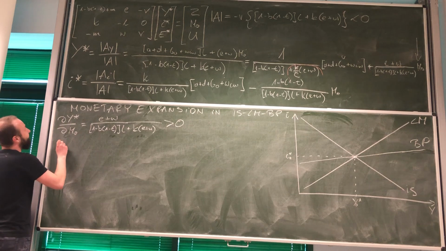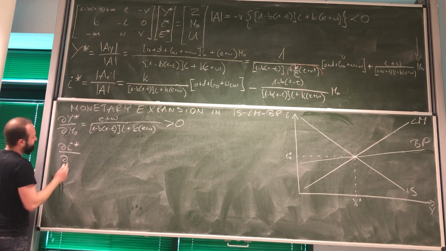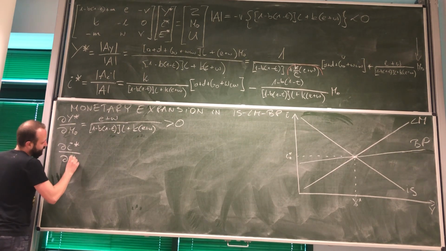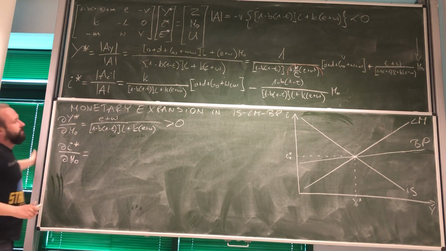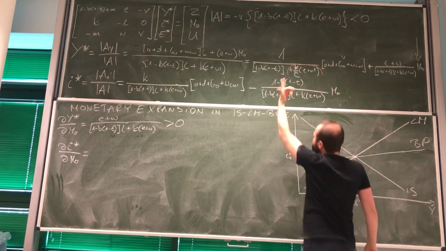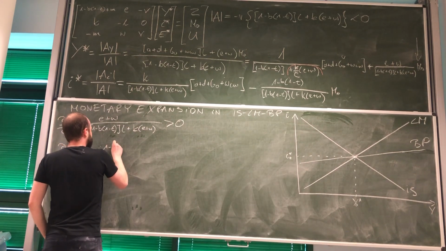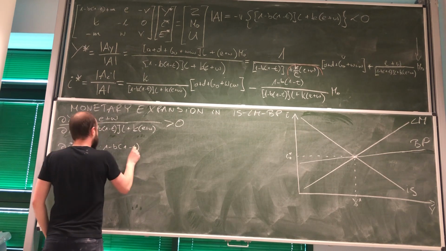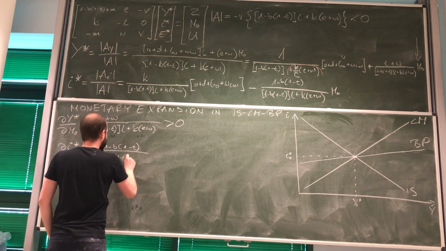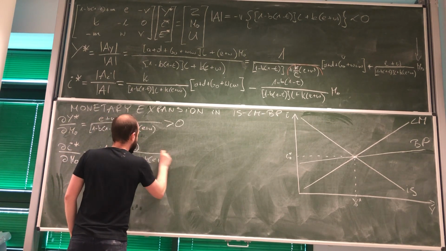Now, what about interest rate? Well, again, all that we have to do is to calculate comparative static derivative of interest rate this time with respect to m0, and again we see that it is just this coefficient: negative 1 minus b times 1 minus t over 1 minus b times 1 minus t L plus k e plus w.